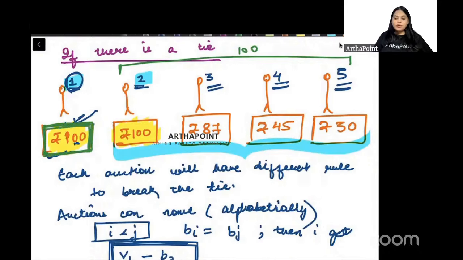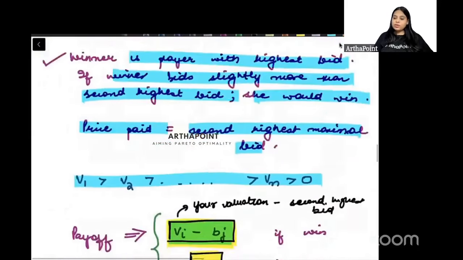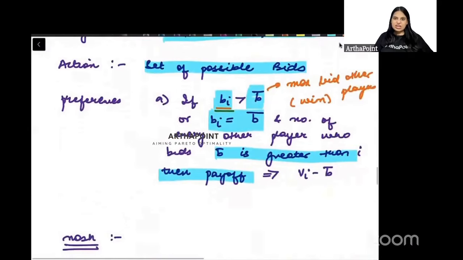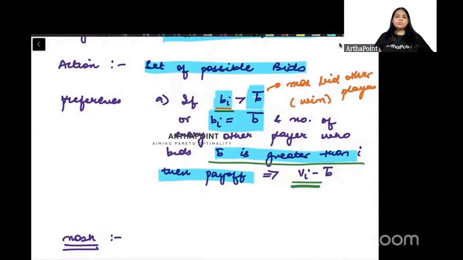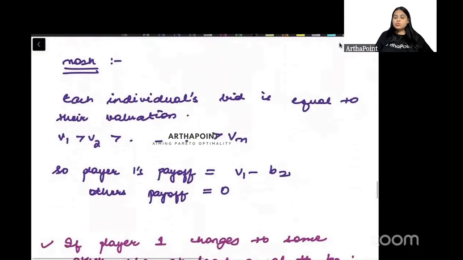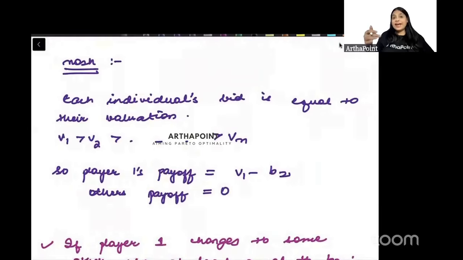So if your bid is equal to the maximum of the other bids, it's a tie. Then according to the tiebreaker, if your rank is earlier, then you will win. Okay, ठीक है. Now what we can do is we can discuss the various Nash equilibria that will exist in this game.